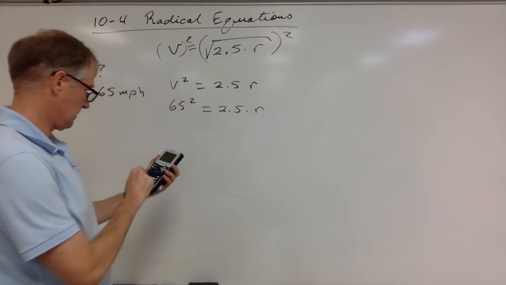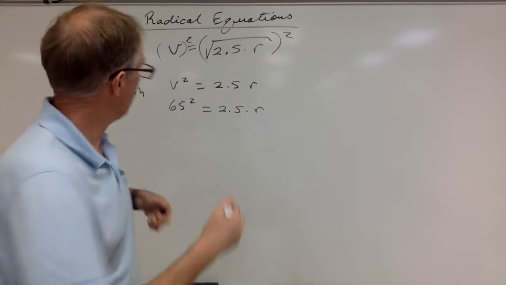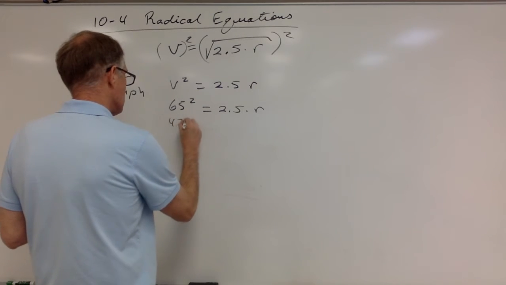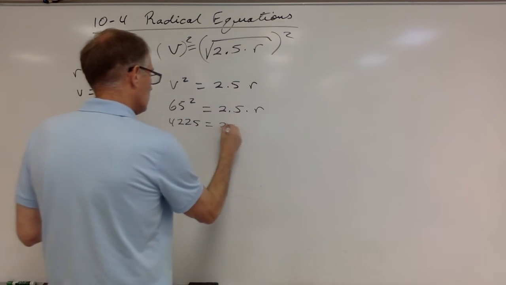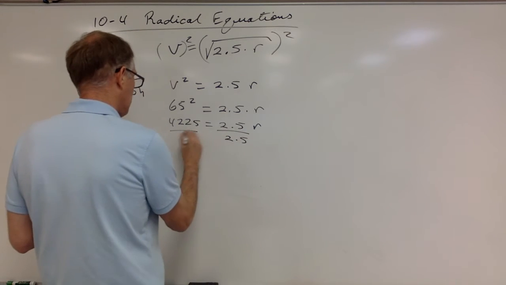65 squared, which is 4,225, equals 2.5r. Divide both sides by 2.5.